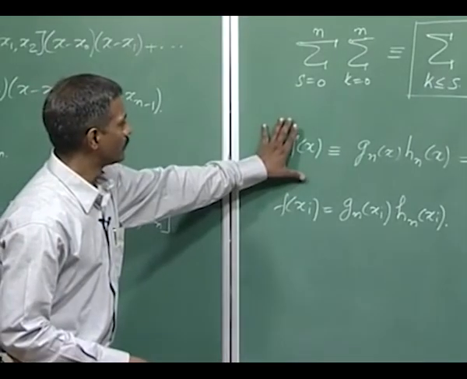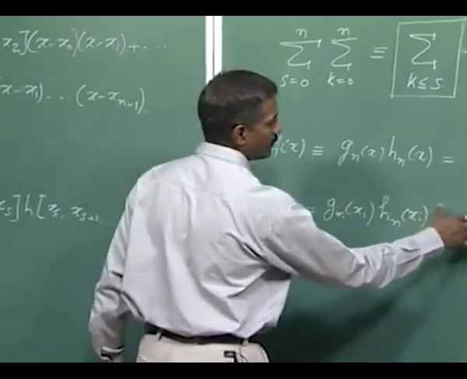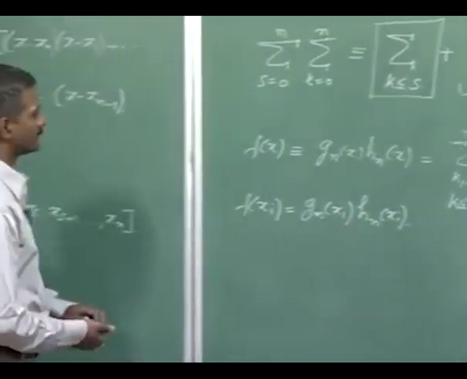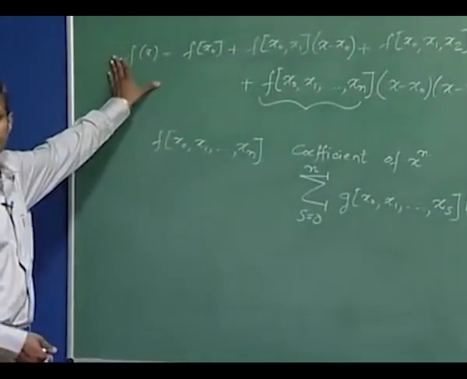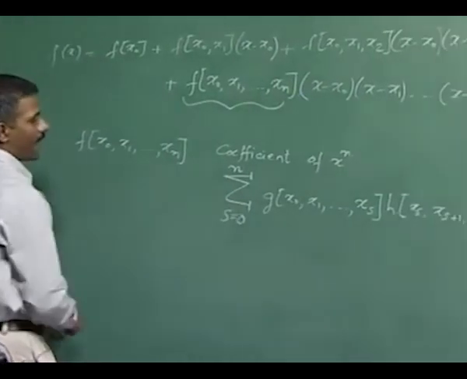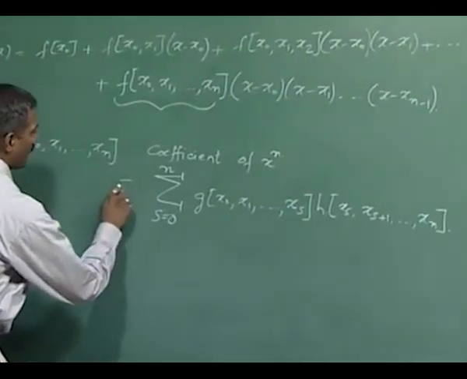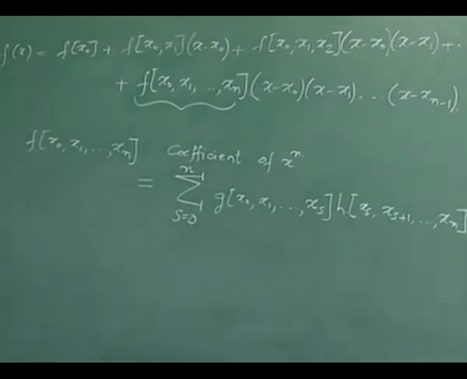And for the Newton's polynomials to be identical from this result and from this result, these coefficients have to be identical. And if you notice, this is the Leibniz result for divided differences.